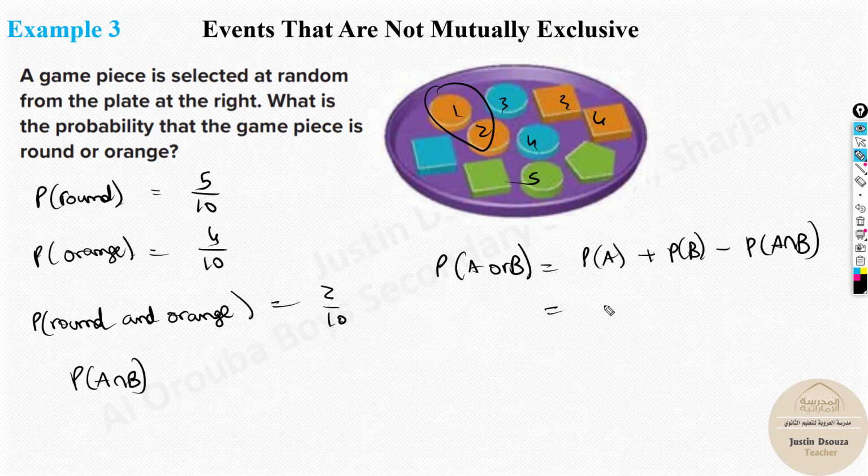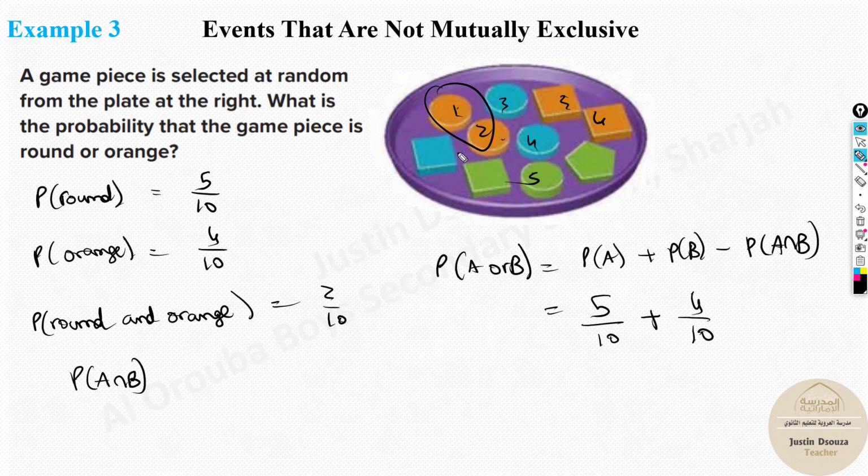Now here, what is probability of A? Now why do we do this minus? Let's analyze it. Probability of A is of all the round objects. I've used 1, 2, 3, 4, 5. So 5 by 10. Plus probability of B, I've used 1, 2, 3, 4 by 10. But can you see this?